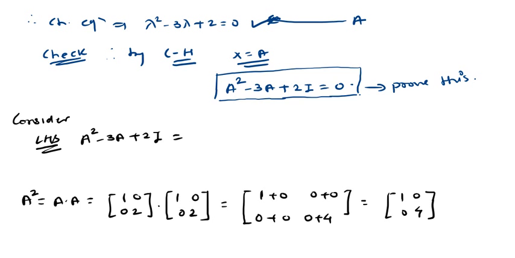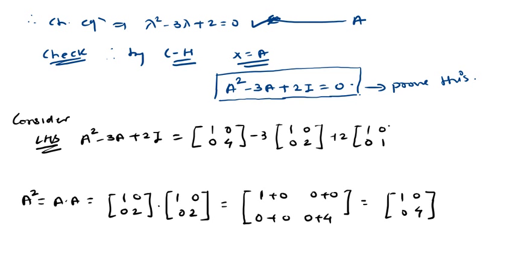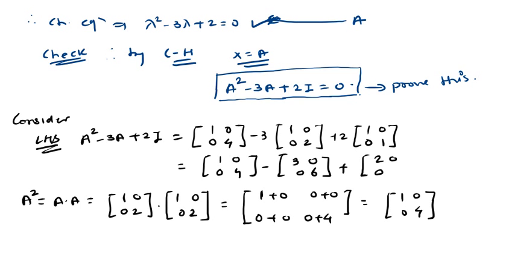Put this value here, so this will be [1 0; 0 4] minus 3 times A, where A is [1 0; 0 2], plus 2 times I, the identity matrix of order 2. Now solving this, it will be [1 0; 0 4] minus [3 0; 0 6] plus [2 0; 0 2].